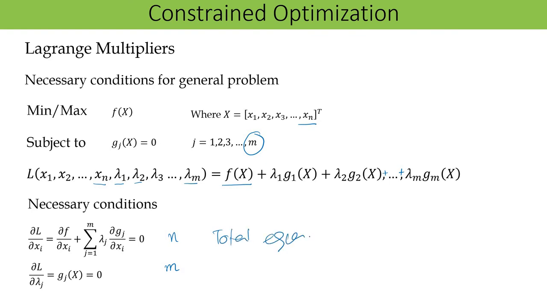So now you can solve these equations and find the values of x1, x2, then lambda 1, lambda 2, up to lambda m. All these values you can find out.